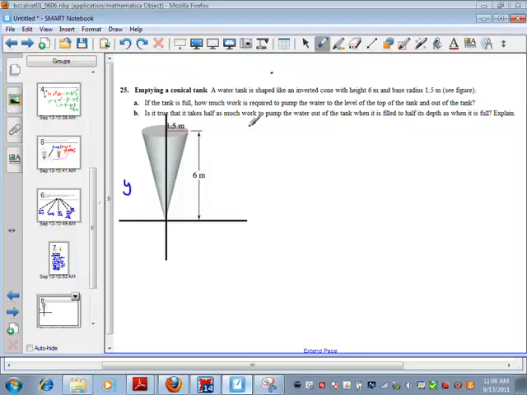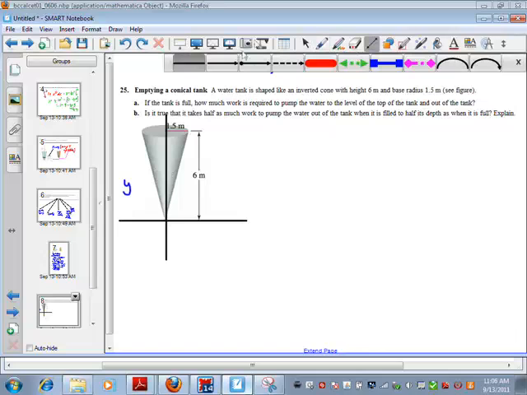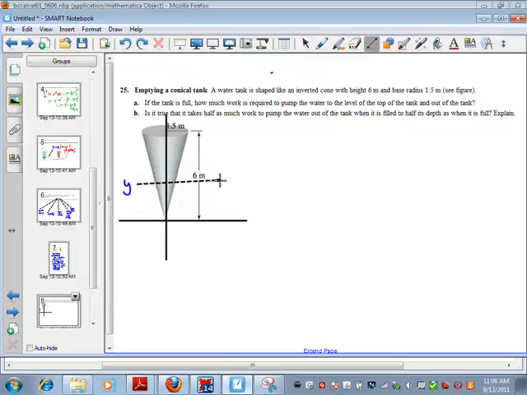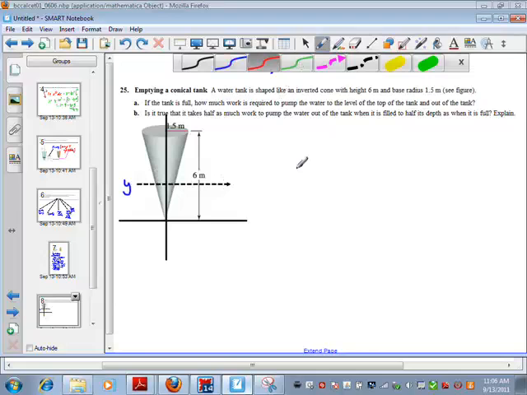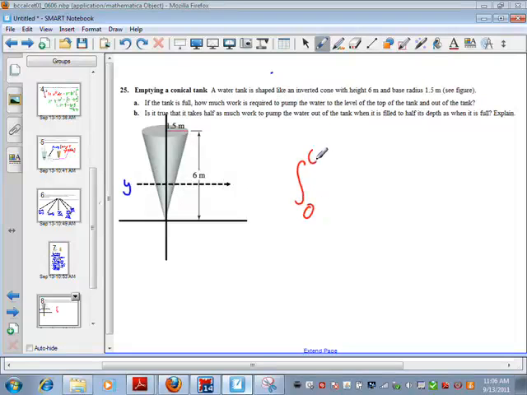And so the point is now, what is that object? Again, it's the integral from 0 to 6, right? We're pulling it all. It's the integral from 0 to 6 of, and now we need rho, g, a, and the distance we're pulling it.